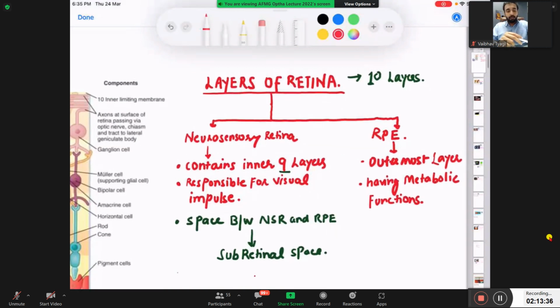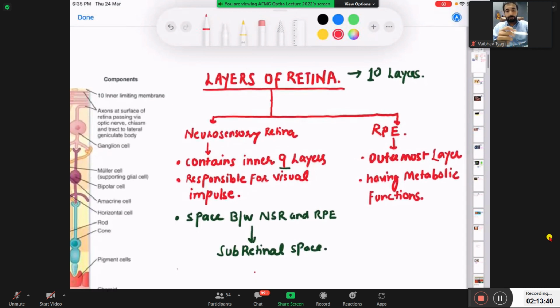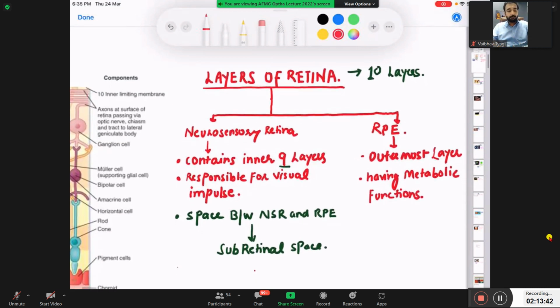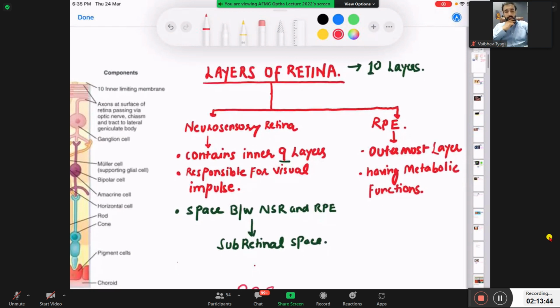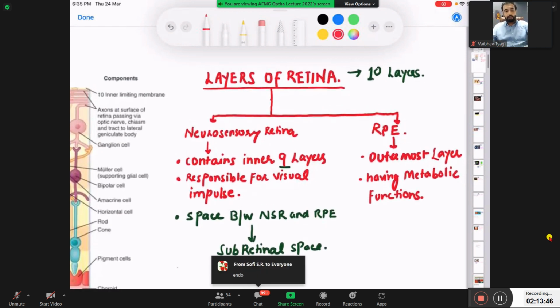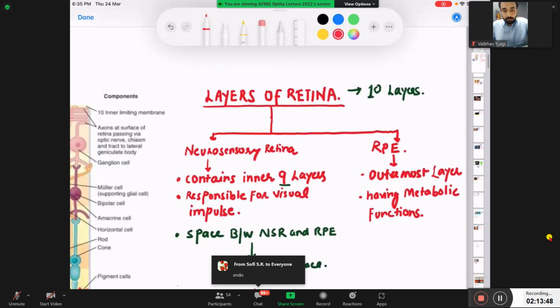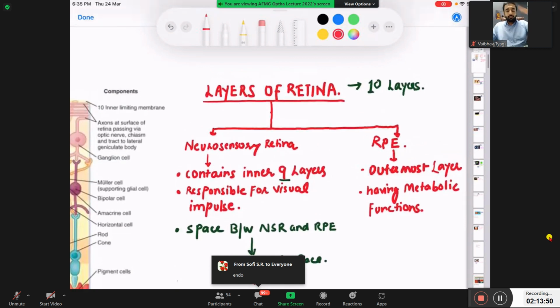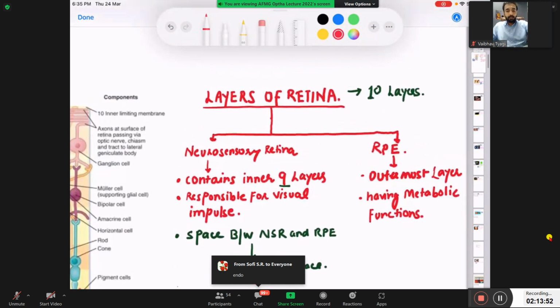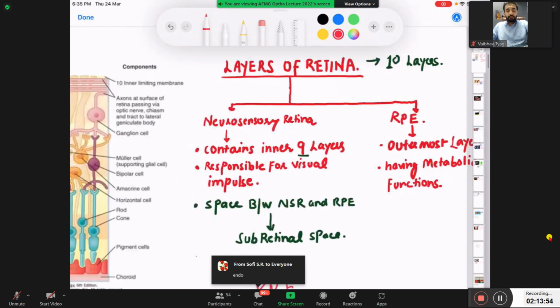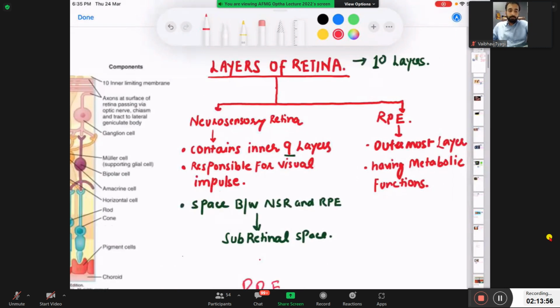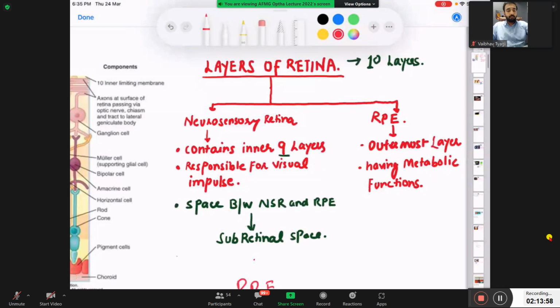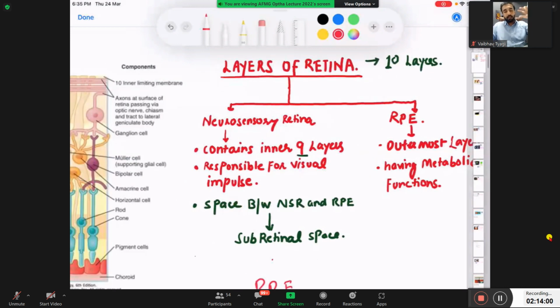Like which layer of cornea was having metabolic functions? Can you tell me? Answer in the chat box, please. Fast. Endothelium. Correct. So similar to endothelium, here in retina, which layer is having metabolic functions? RPE. RPE is the outermost layer which is having metabolic functions.